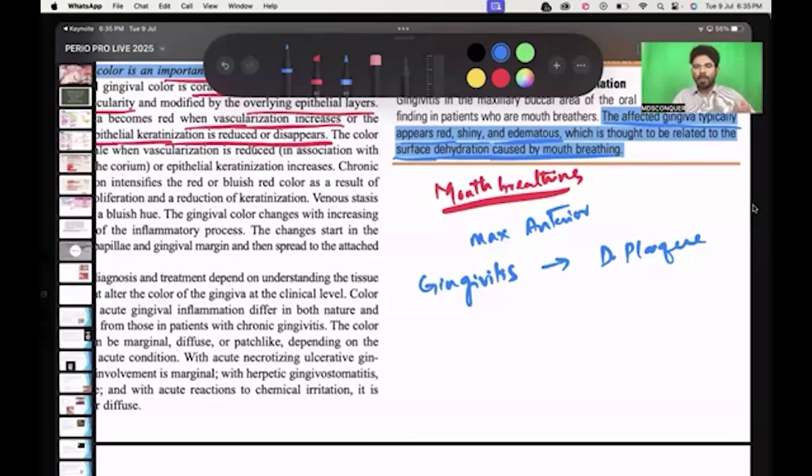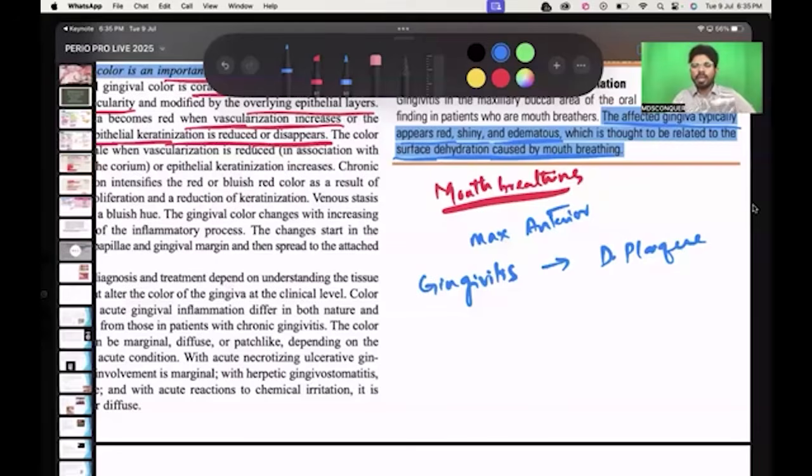So in pregnancy gingivitis, plaque causes gingivitis, whereas the permeability of the vascular supply is increased by progesterone and estrogen, which acts as an aggravating factor in causing gingivitis.